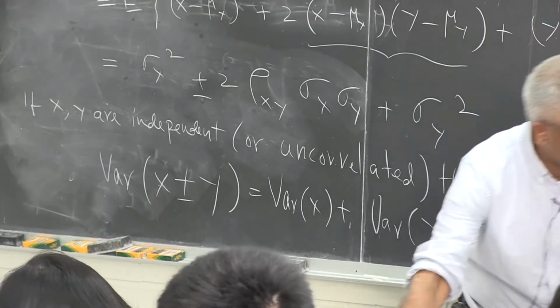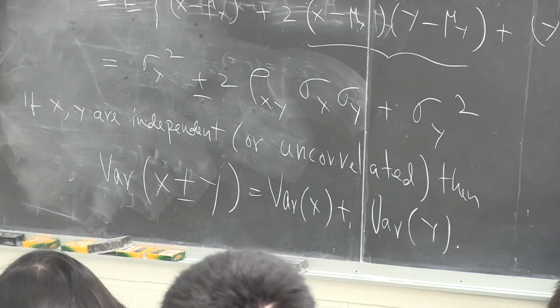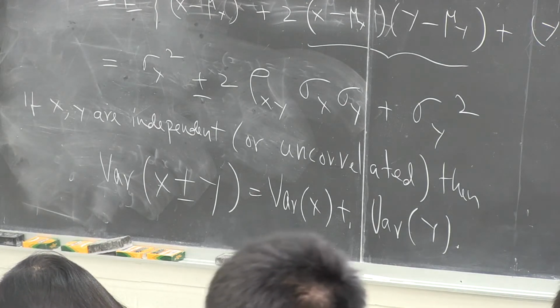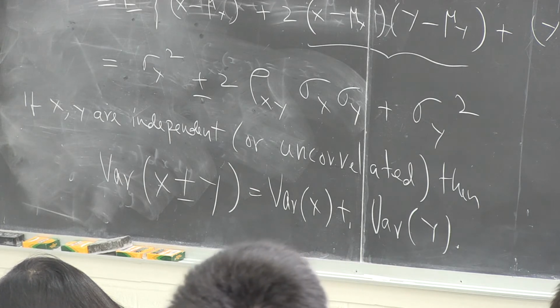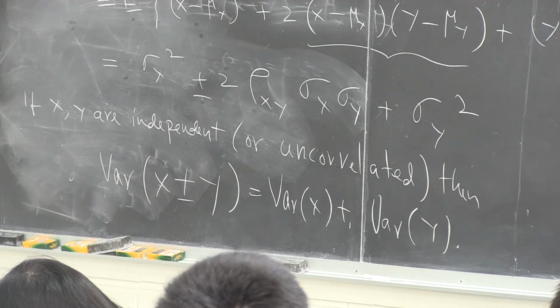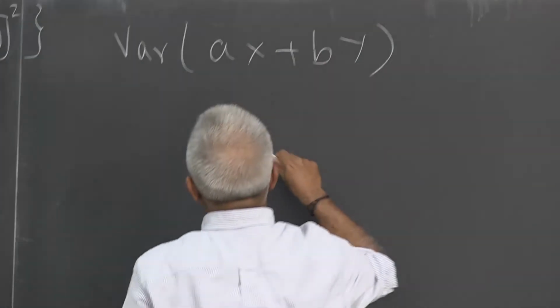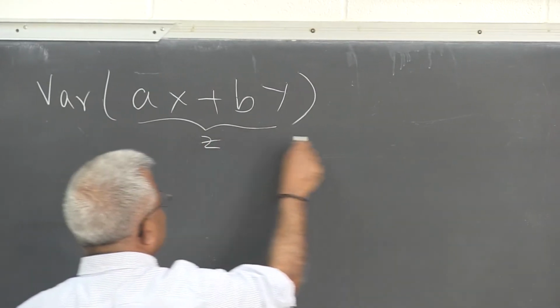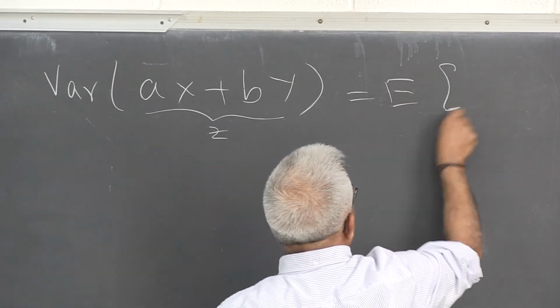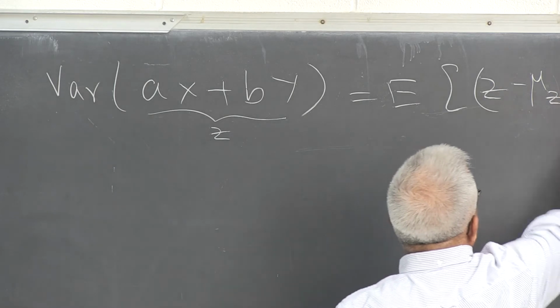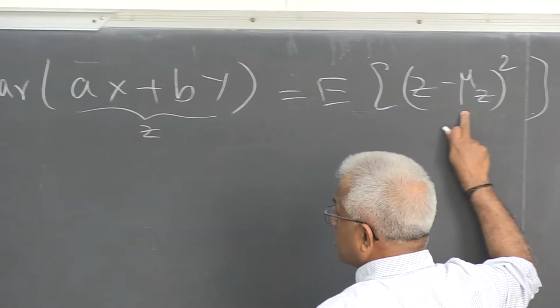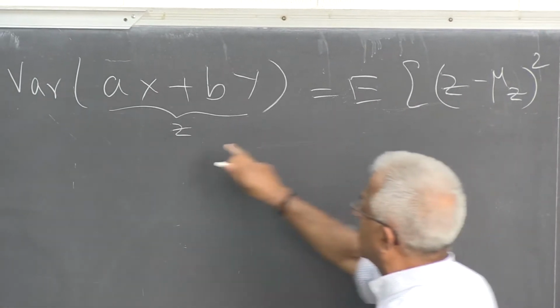All right, finally, just one more related issue. How about the variance of ax plus by? Again, define this to be z. So this is the expected value of z minus mu z the whole squared. What is mu z? Anyone know? What is the expected value of this random variable?